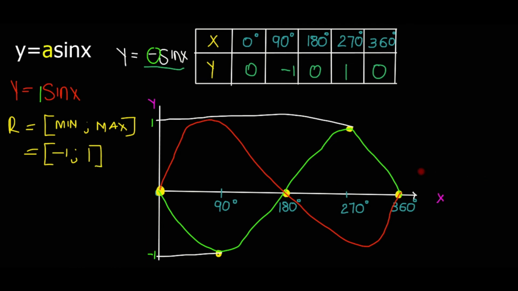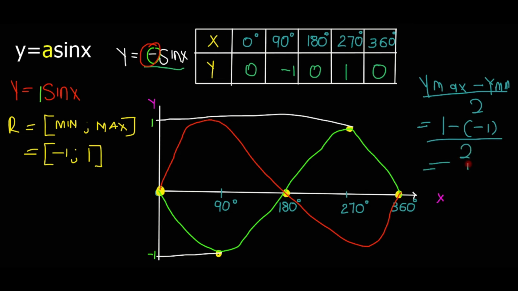Remember this number is the amplitude, but the amplitude will never be negative. So our amplitude is positive 1. Remember we can get the amplitude in this way: y maximum minus y minimum, divide by 2. So maximum is positive 1, and minimum is negative 1, and then divide by 2. So we get 1.